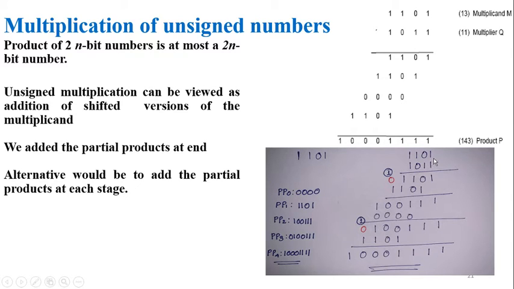While multiplying the multiplicand with the last bit 1, generate the value 1101 and add this value with the previous partial product value 0000. Adding with 0 generates a new partial product value PP1 as 1101 itself, that is the multiplicand itself. So just write down this PP1 value here.